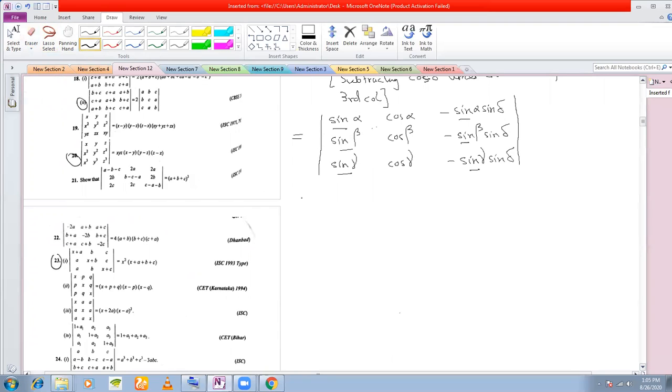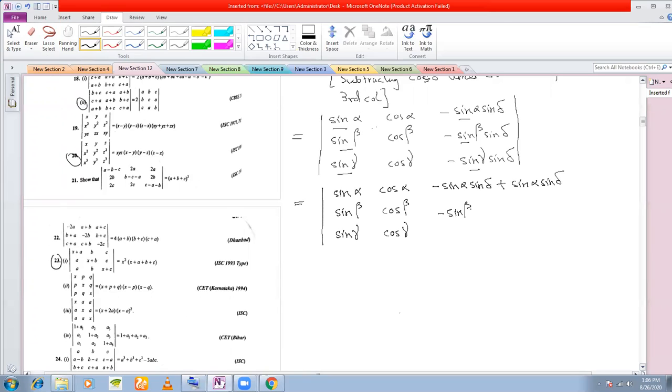So first column without any change, we will write as it is. Sin alpha, sin beta, sin gamma. Second column also we will write as it is. Cos alpha, cos beta, cos gamma. And then in our mind, I'm multiplying the first column by sin delta. So this becomes minus sin alpha sin delta, and adding to the third column, sin alpha sin delta.